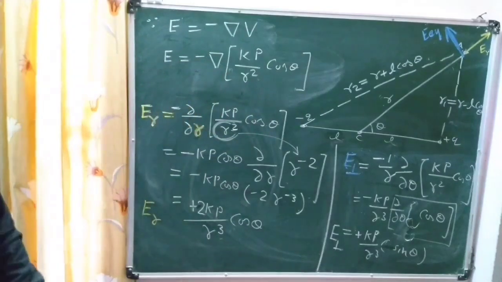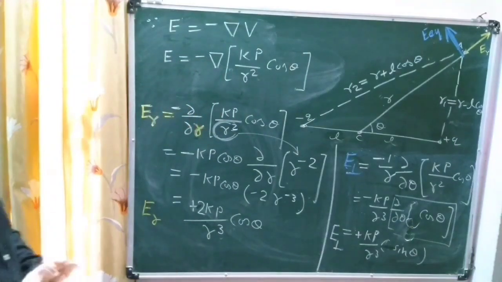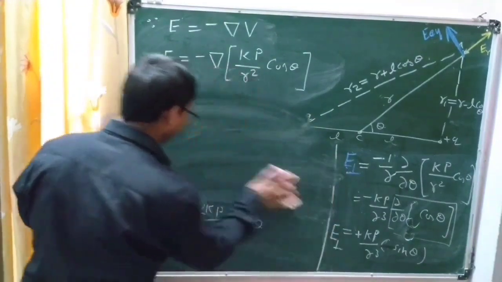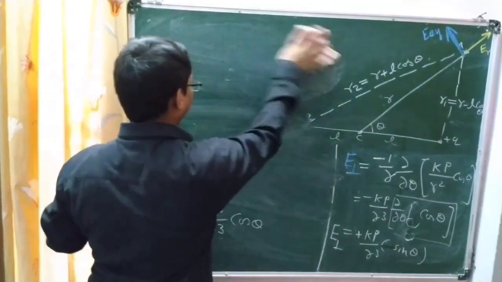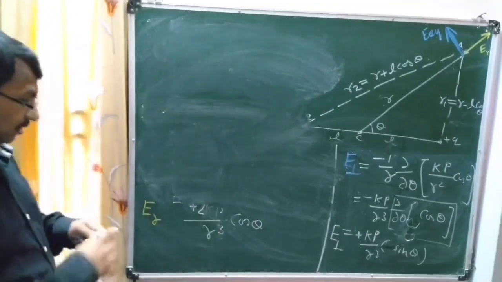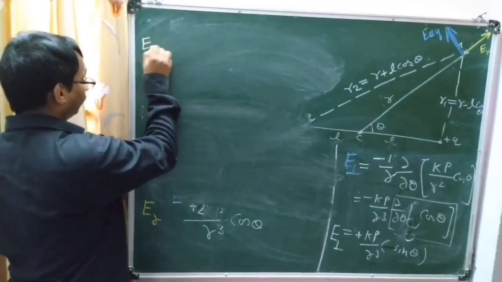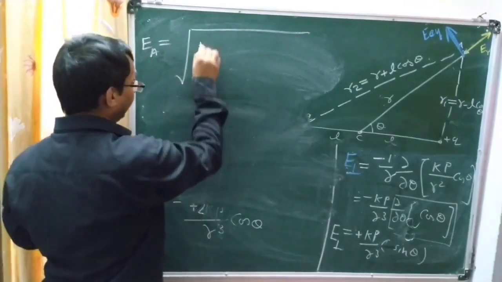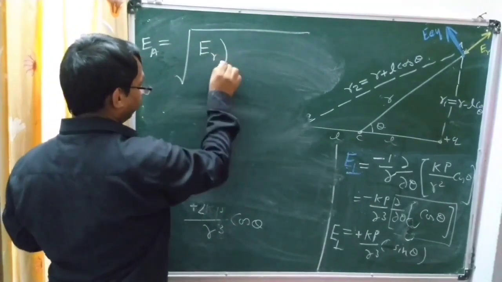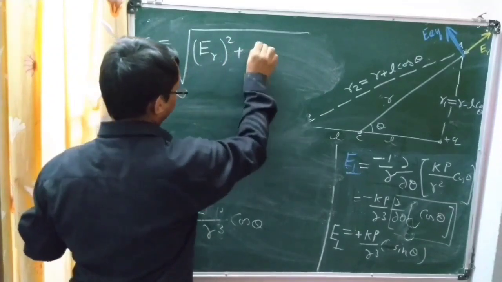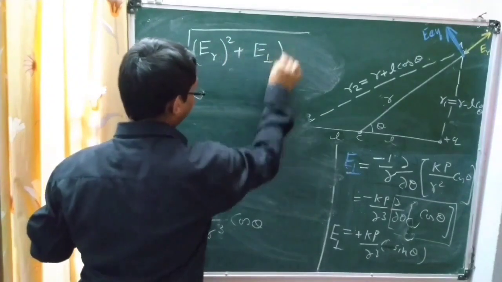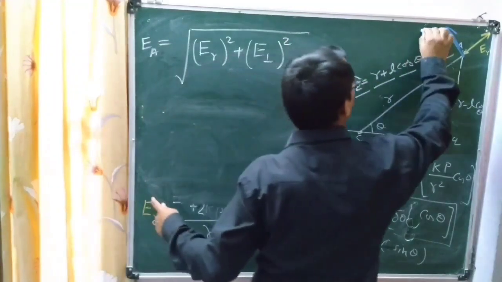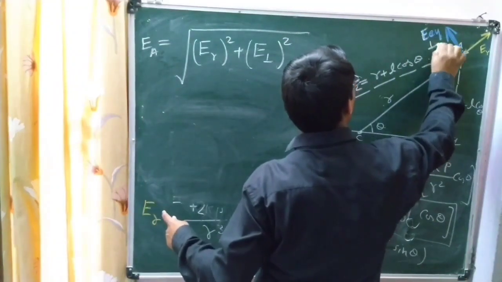Now, in order to find the resultant electric field, we will simply add them by vector addition laws. So E at point A can be defined by the square root of E radial square plus E perpendicular square.